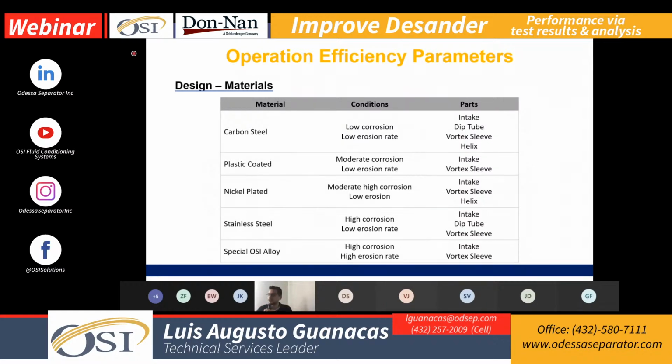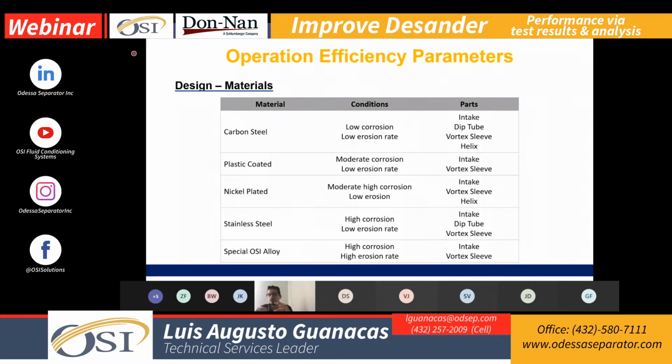Now, based on this result, we worked with a different alloy. We didn't develop this alloy. We just found a supplier who provided us a really special alloy material, and we proved this one with our finite element analysis, and we found that this material is really good in high corrosion, high erosion rate environments.